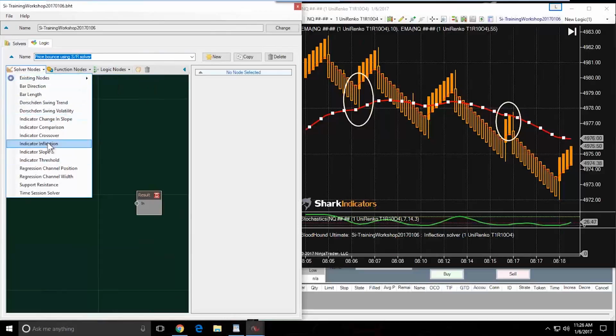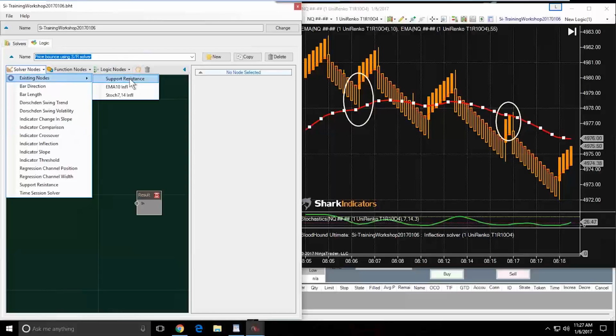If you're interested in building a price bounce system, the comparison solver is really the better solver to use for this. We do actually have a video showing how to build the logic for a moving average bounce system, and it uses the comparison solver because that's a better solver to use.